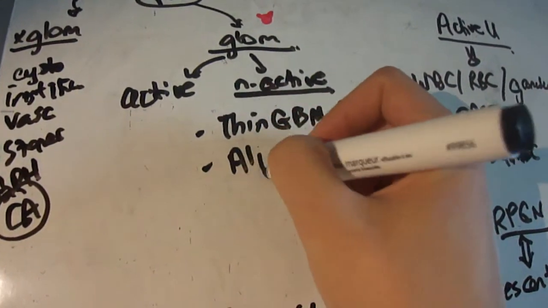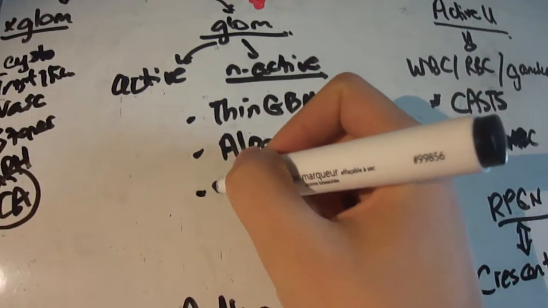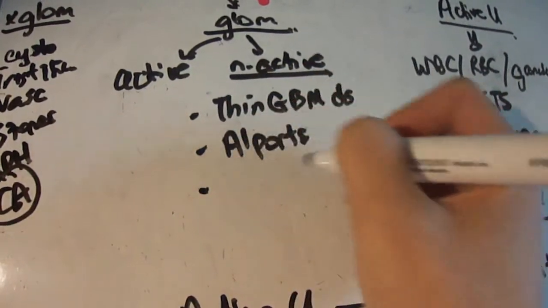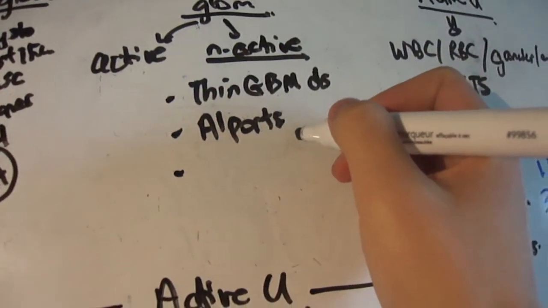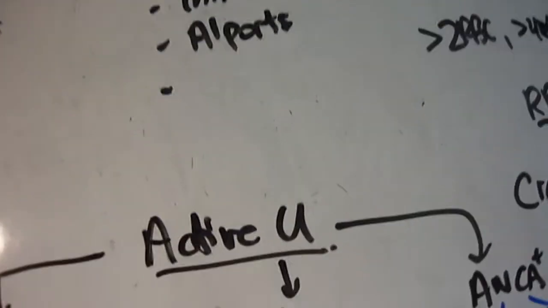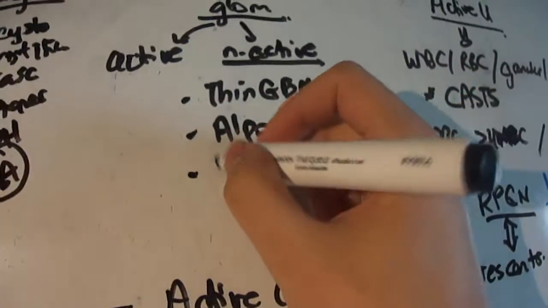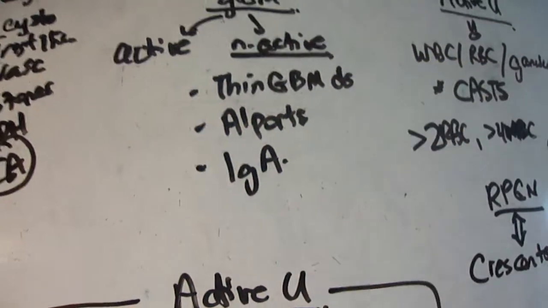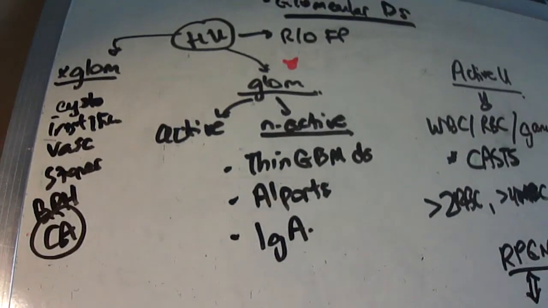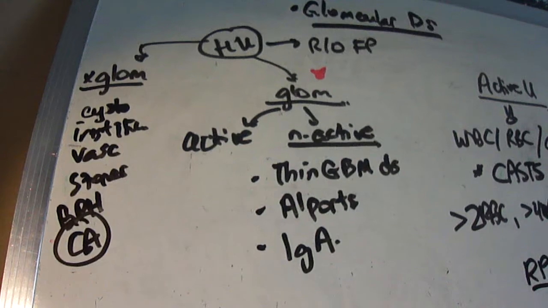Two, you could have Alports. Remember, this is the one with the defects to the ears and the eyes as well. And then you're also going to have your IgA. So those are the 3 things that cause a non-active hematuria from the glomerulus.